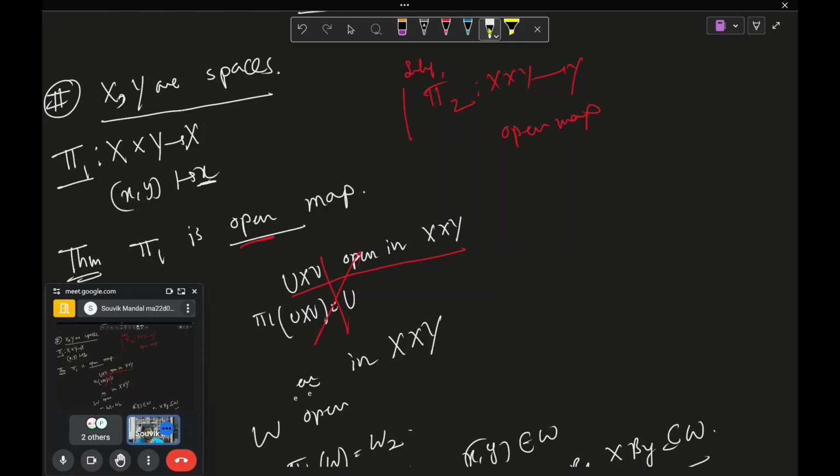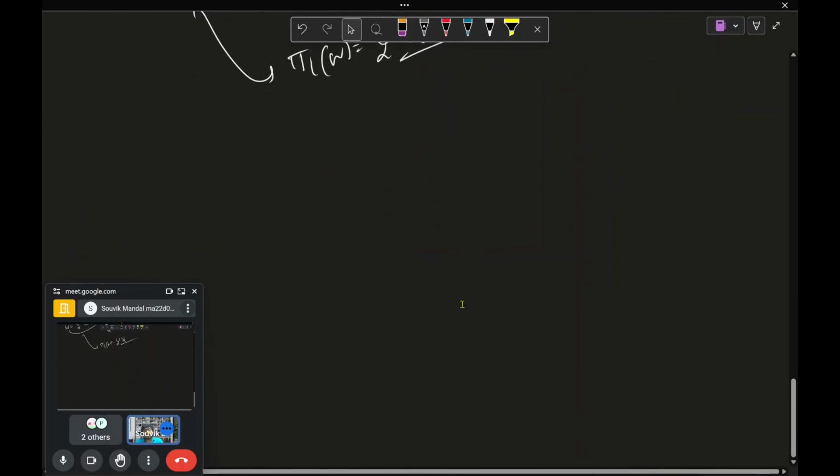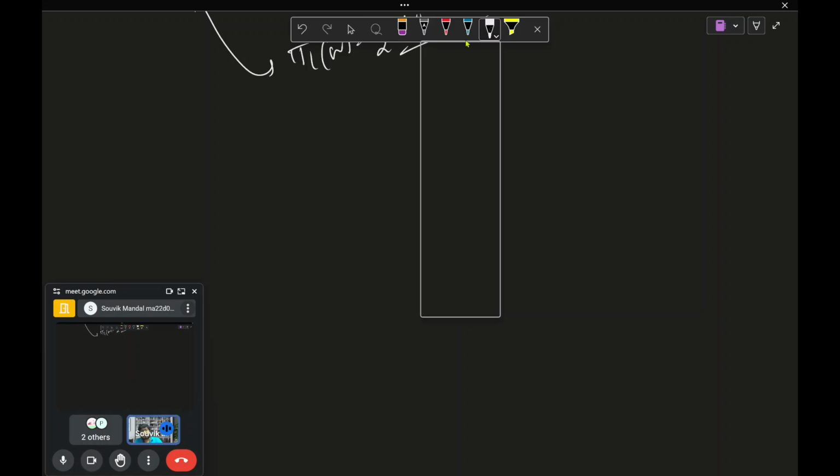So the next thing is known as the subspace topology.